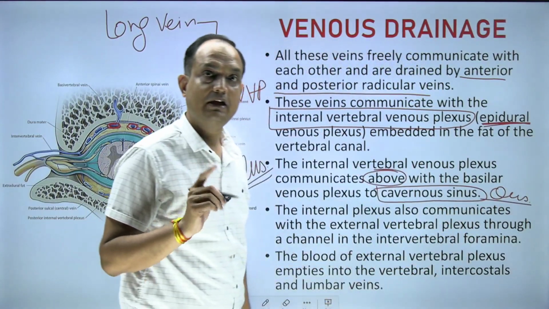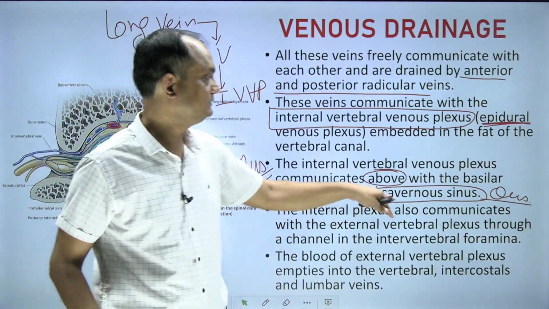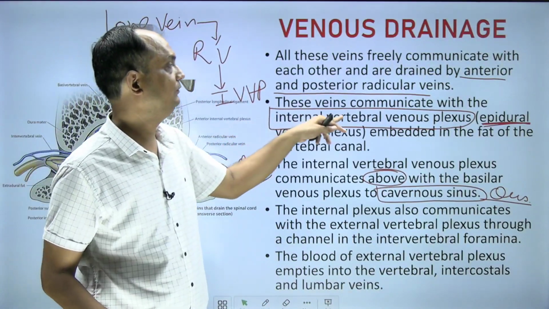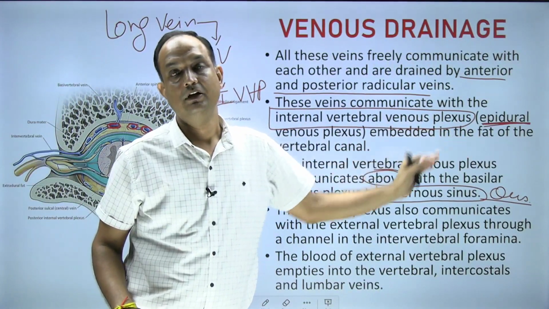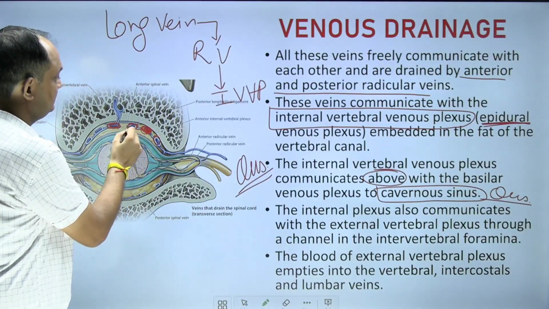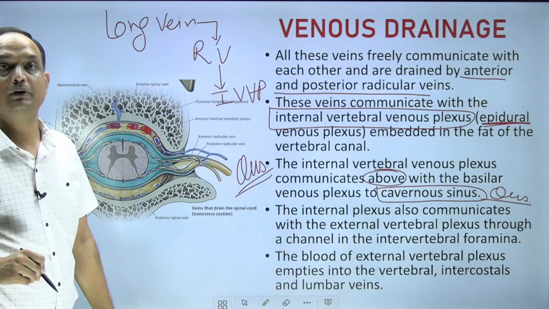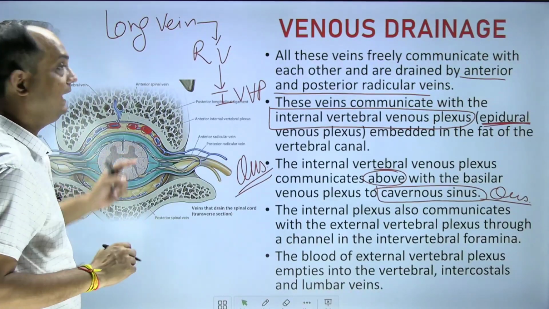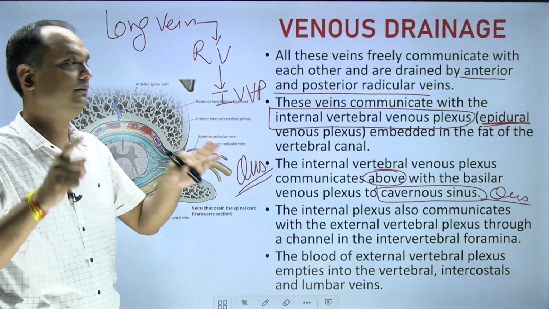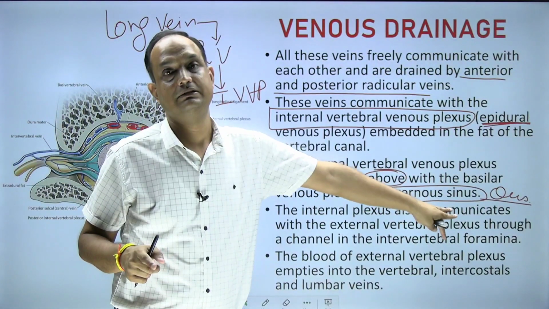There is a very important dural venous sinus known as the cavernous sinus. When you read about the cavernous sinus, you will find that it receives blood from the internal vertebral venous plexus. So you have to understand that if any infection occurs in this extradural or epidural space, that infection can ascend through these vertically present venous plexuses and may enter the cavernous sinus.